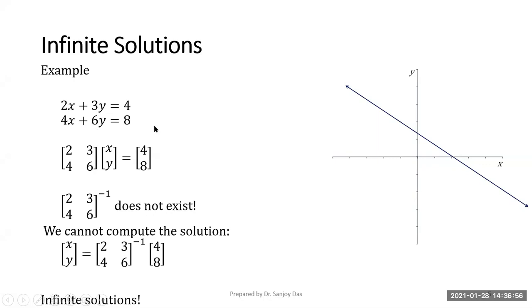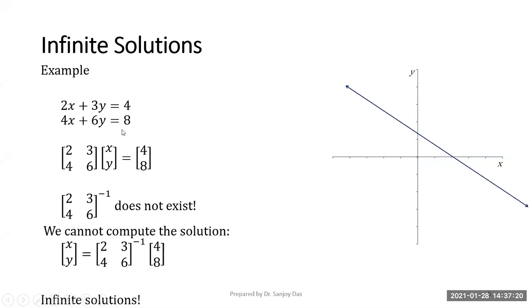And likewise, it will satisfy this equation too. 6 times 1.33 is 8. So we can see that when this matrix was invertible, then we had a unique solution. Otherwise, we have either no solution or infinite solutions.